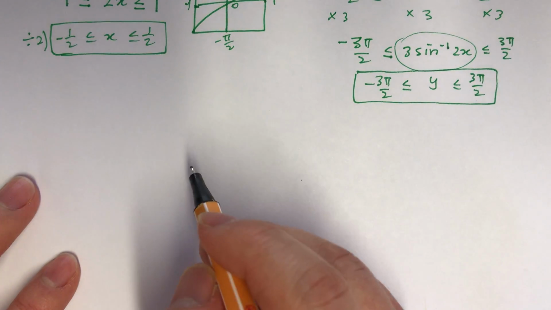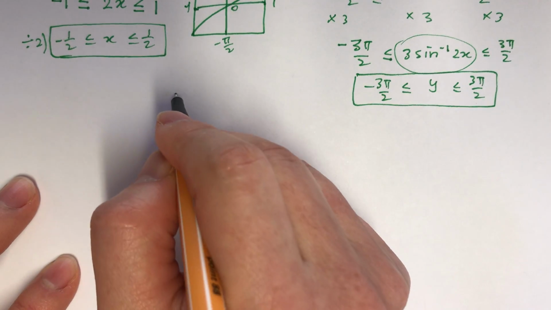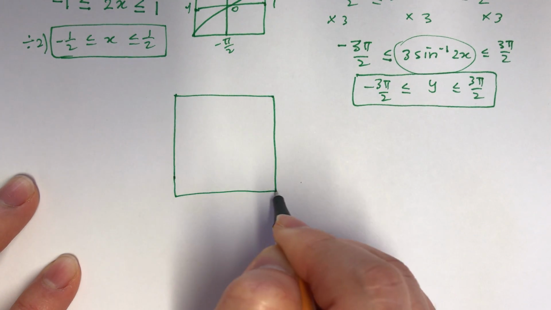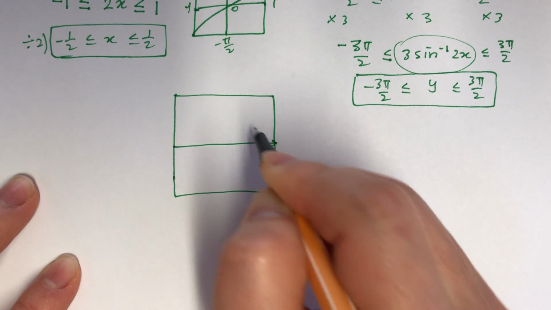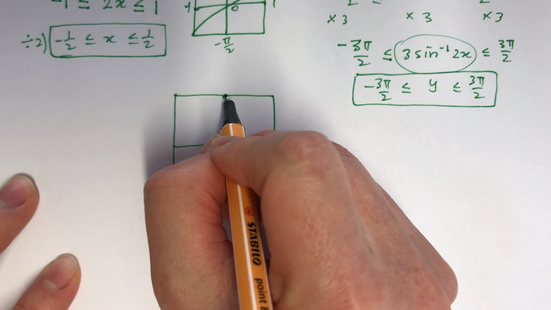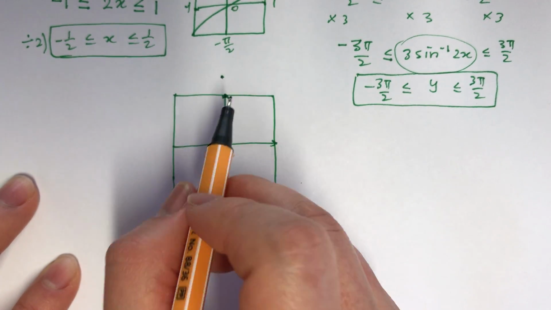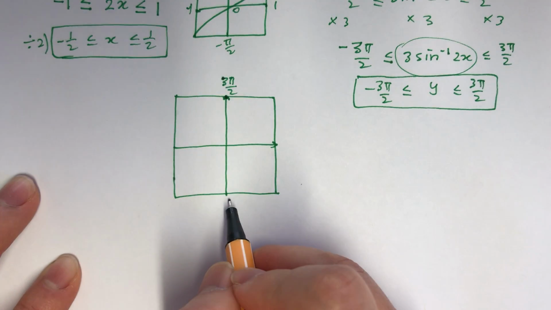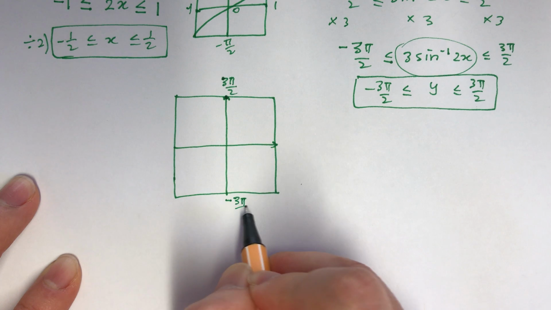Now I can sketch. You don't need to put it in a box, but I just want to put that in there. So my range will be 3 pi over 2 and then minus 3 pi over 2.